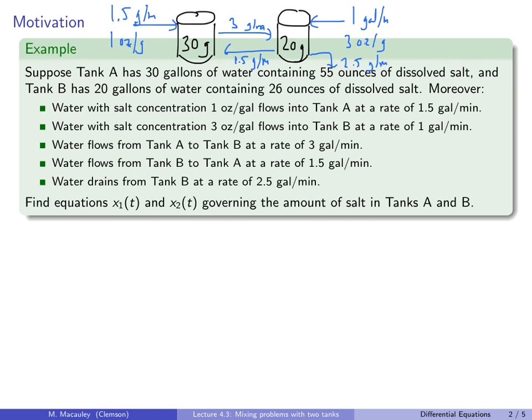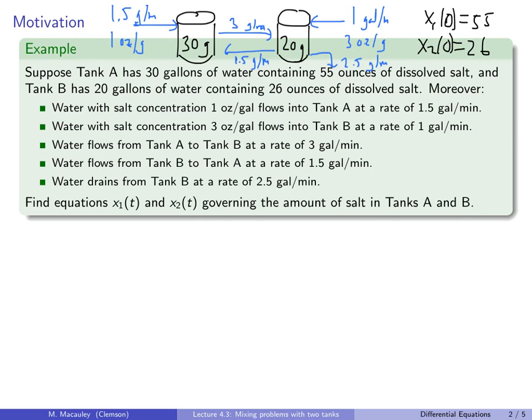And let me also add in these initial conditions. There's 55 ounces of dissolved salt in here and 26 in here. I'll just write that on the side as x1 of 0 equals 55 and x2 of 0 equals 26.